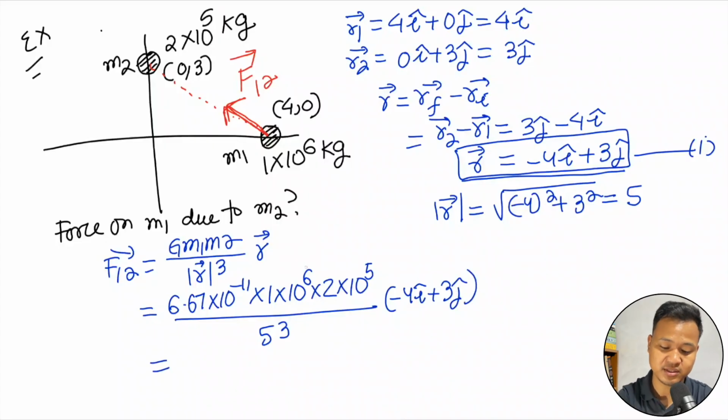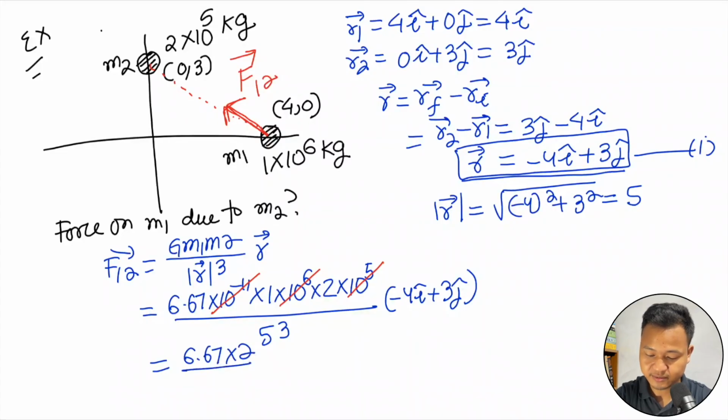Let's solve. 10 power minus 11 and 10 power 11 get cancelled out, remaining 6.67 into 2 divided by 5 cube, 125, into minus 4 i plus 3 z. So you have to solve this.